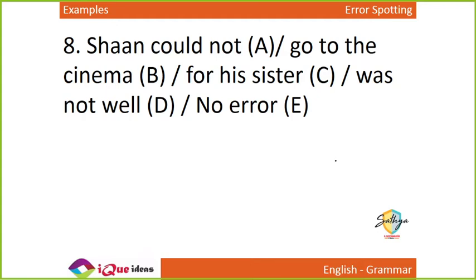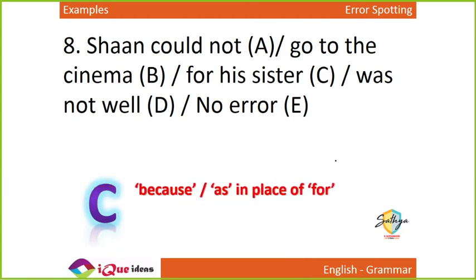So, Shan could not go to the cinema for his sister was not well. For is not a good condition, right? The best way to put this is Shan could not go to the cinema because his sister was not well, or alternatively you can write Shan could not go to the cinema as his sister was not well. Either one of them is acceptable as a correction.